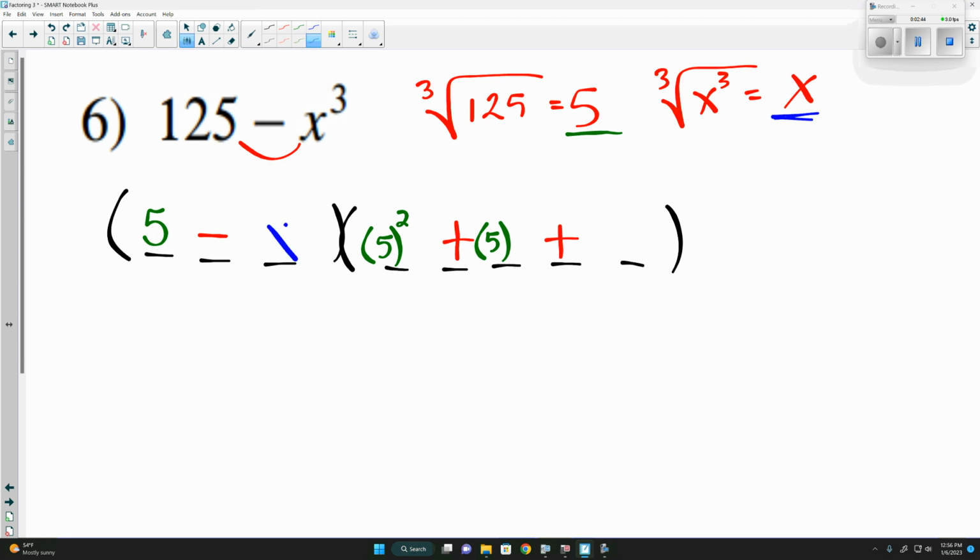Now our second term is x, so we'll put it here. We don't put 1 with 5 squared because it would just simplify to 1, and 5 squared times 1 is just going to be 5 squared. Then we'll have x to the first in the middle, and the last one's going to be x squared.